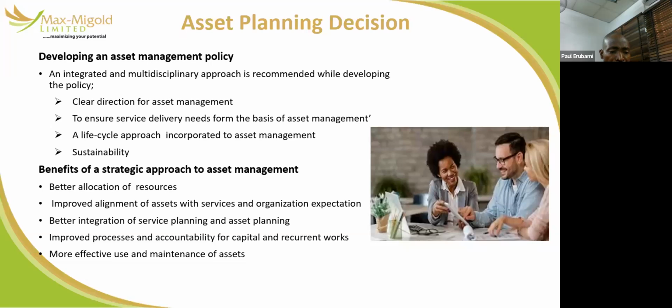It also helps improve process and accountability for capital and recurrent work. You'll be able to account for all your capital expenditure, and if there is any recurrent work that you need to carry out, then you have the chance of more effective use and maintenance of your assets. You use your asset effectively and you also maintain your asset effectively.